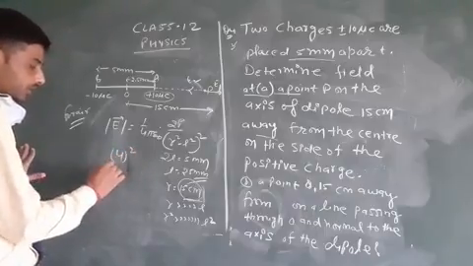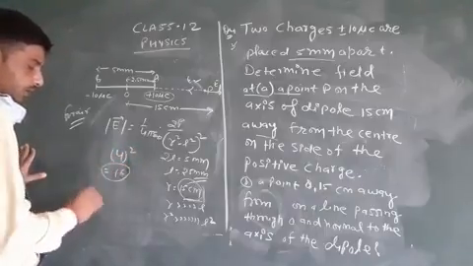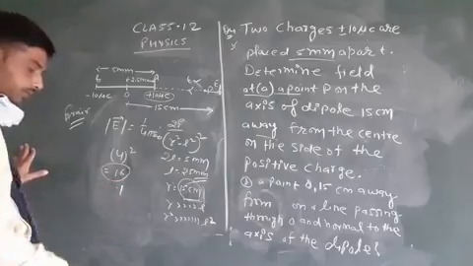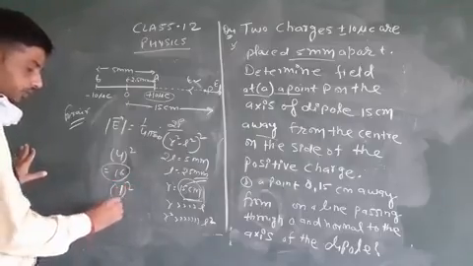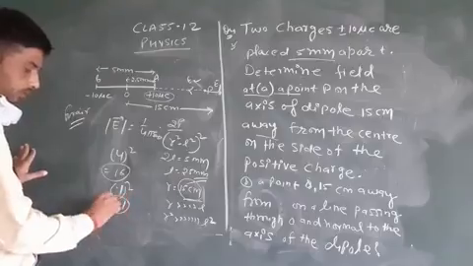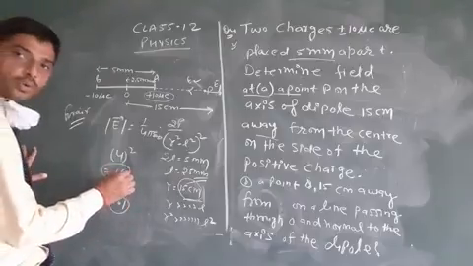So 4 square equals 16. If 0.1 is squared, it is 0.01. So 16 is more than 4.